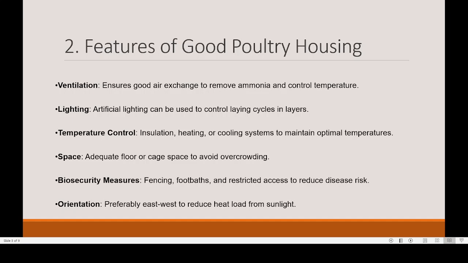So a minimum of 12 hours of lighting is needed for the birds to lay eggs. That is one advantage of this environmentally controlled housing system or battery cage system.